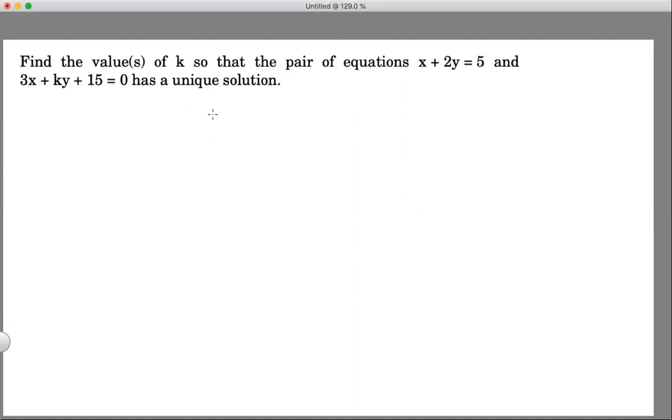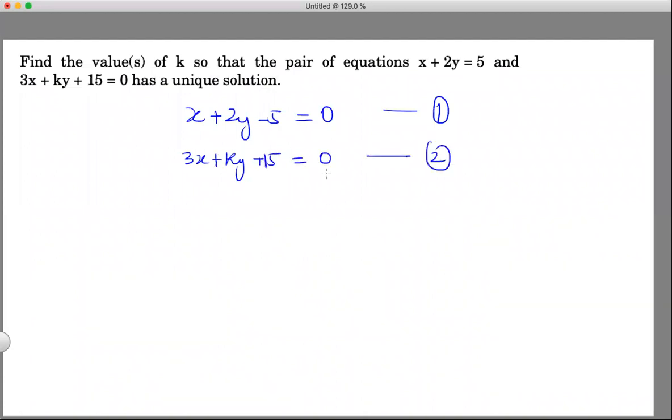So the equations are x plus 2y minus 5 is equal to 0 is equation 1, and 3x plus ky plus 15 is equal to 0 is the second equation. So we will see 1 by 3 should not be equal to 2 by k, which implies k is not equal to 6. Okay.